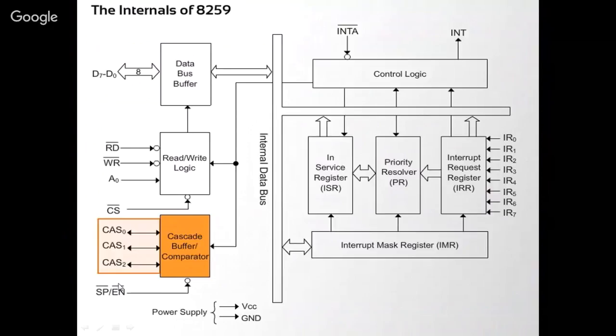The slave PIC outputs the interrupt type to the microprocessor on receipt of the second pulse of the INTA bar pin.